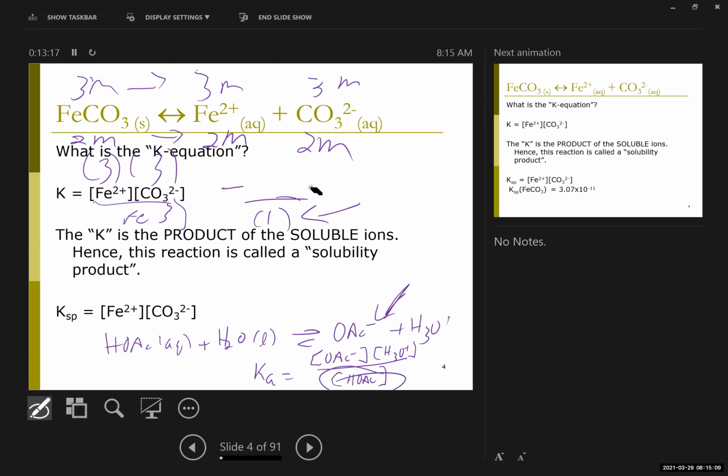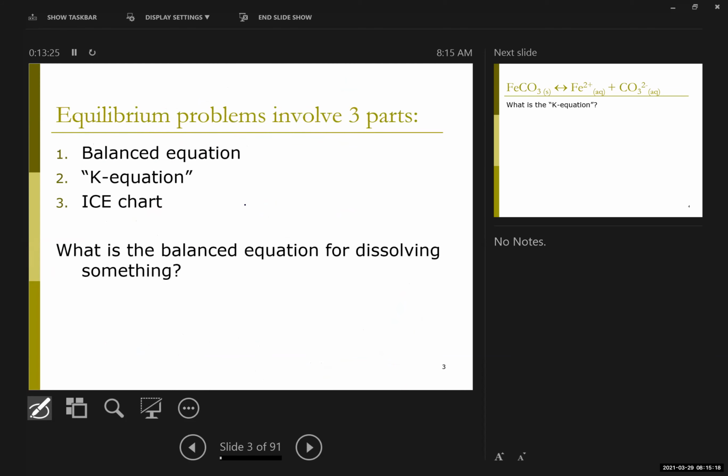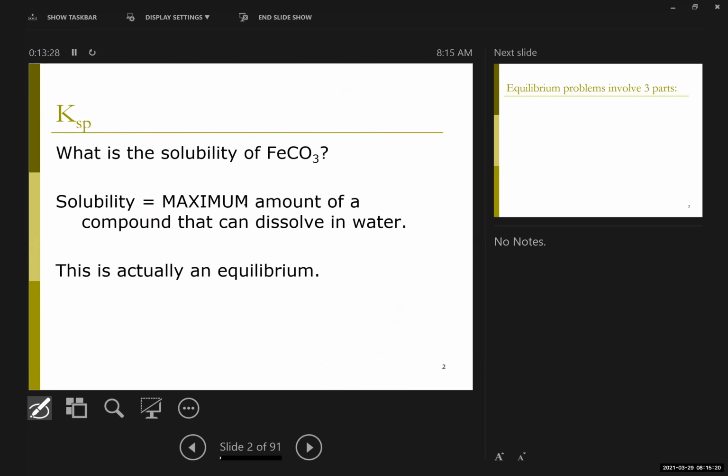Hence my emphasis on the word maximum. In a very real way, this is not so much an equilibrium as it is a single value, if I'm dissolving something.